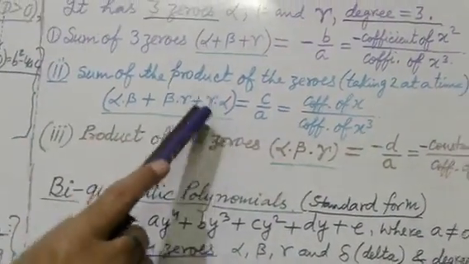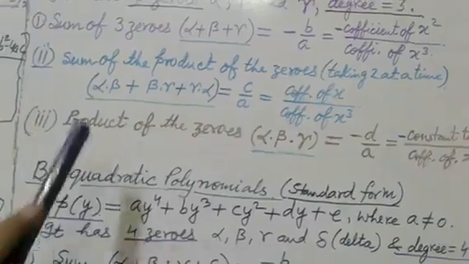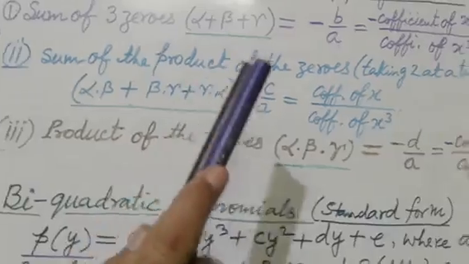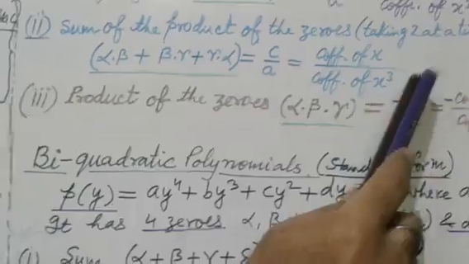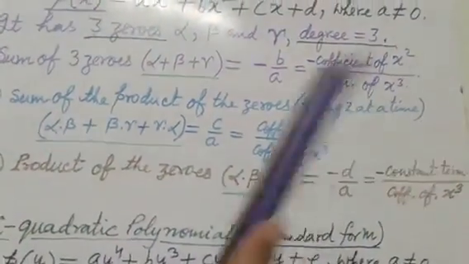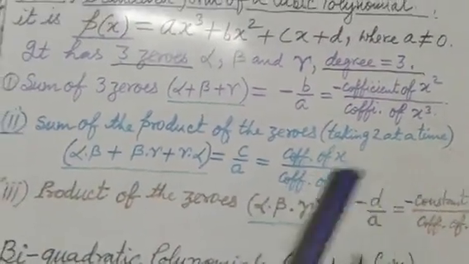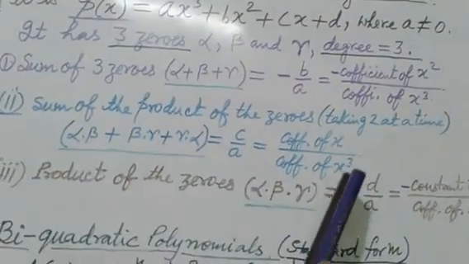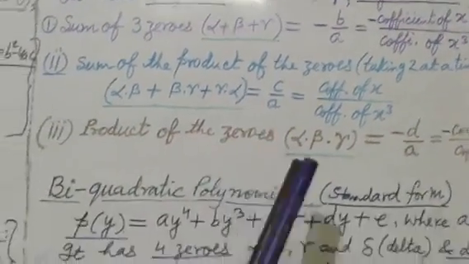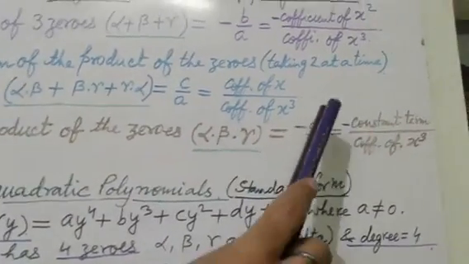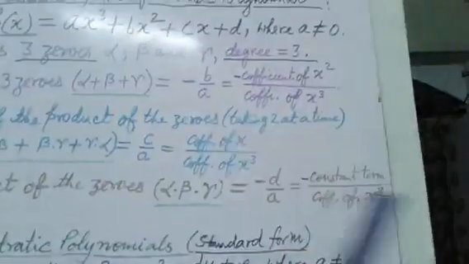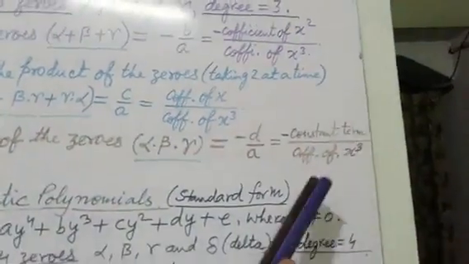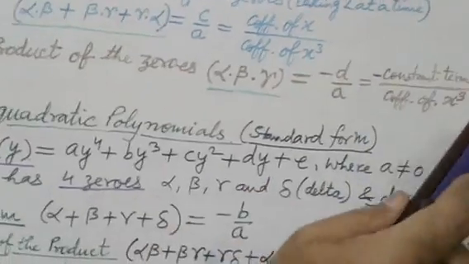Next formula is the sum of the product of the zeros, taking two zeros at a time: alpha into beta plus beta into gamma plus gamma into alpha is equal to c upon a, where c is the coefficient of x and a is the coefficient of x cube. Next, the product of the zeros, alpha into beta into gamma, is equal to minus d upon a, where d is the constant term without variable and a is the coefficient of x cube.